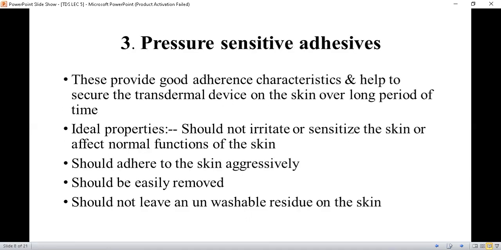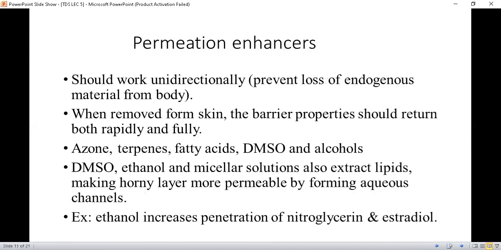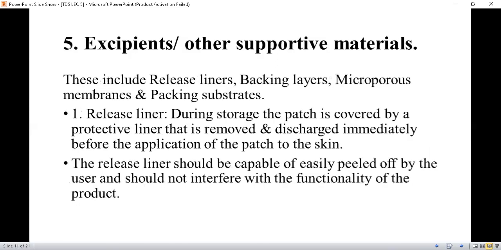And then we discussed pressure sensitive adhesive. Pressure sensitive adhesive means if you apply pressure on that adhesive material, it will stick to the skin and will release the drug substances from the polymers. Then permeation enhancers, these are the substances which are used to increase the permeability of the skin.